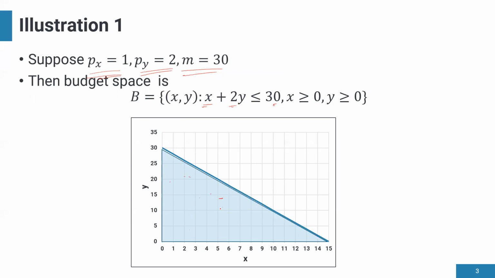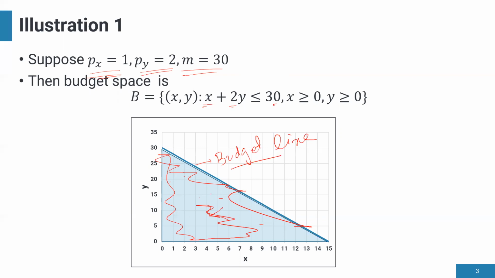So the consumer will be able to buy in this space. Okay, in this space. So this is known as the budget line. Okay, so this is known as the budget line, and this triangular space is known as the budget space. So budget line and budget space.